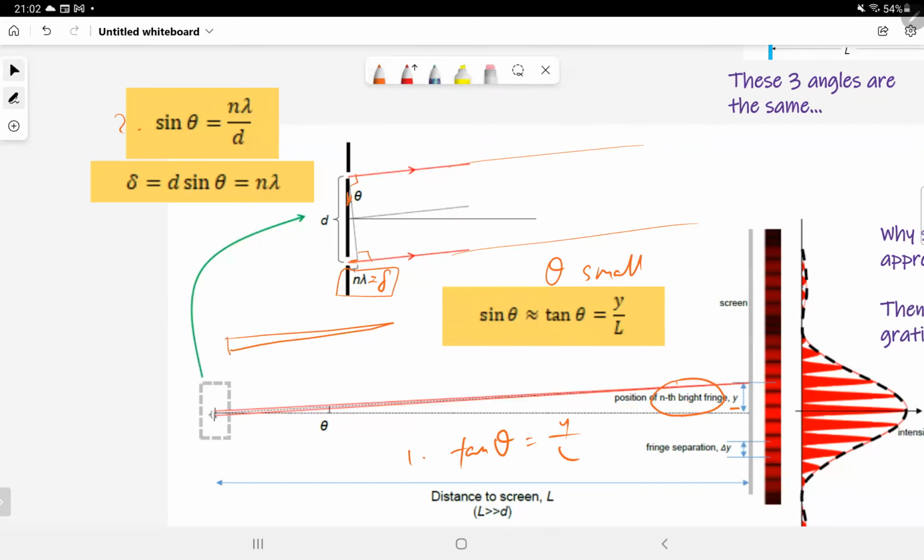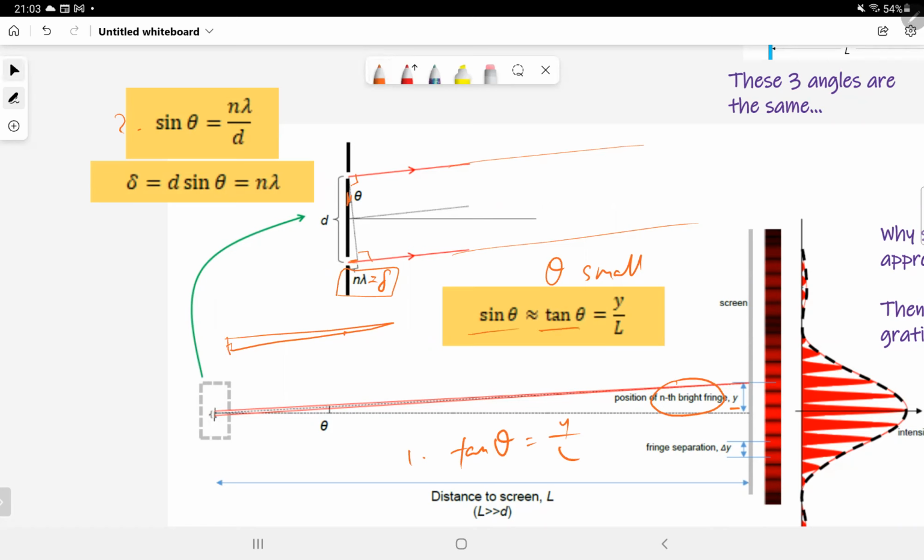Suppose this is a right angle triangle, and this angle is really small. We can go smaller, but I can't draw it. So you see, the adjacent and the hypotenuse are about the same length. So opposite divided by adjacent and opposite divided by hypotenuse are about the same thing. So sine is equal to tangent.